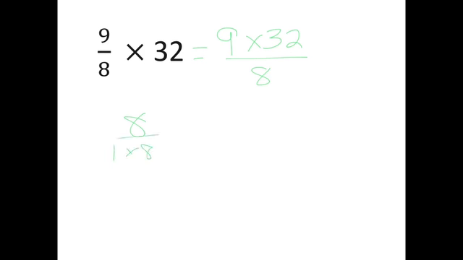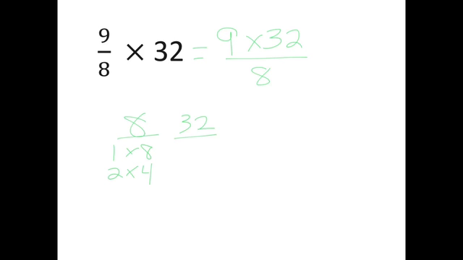I got 1 times 8, I got 2 times 4. And there's nothing else. So technically, none of these numbers we can use to divide by 9. So 9 and 8 are not compatible, but 8 and 32 are compatible.